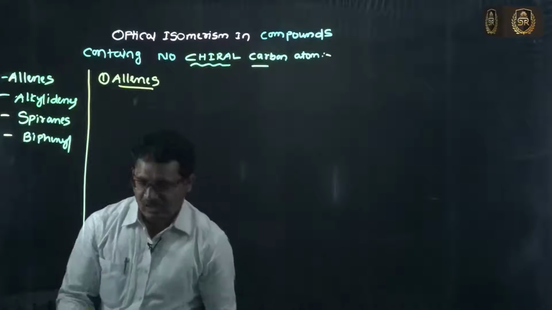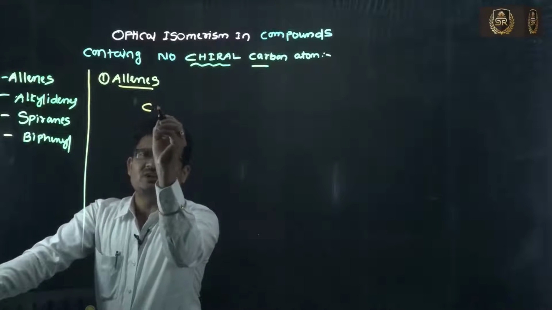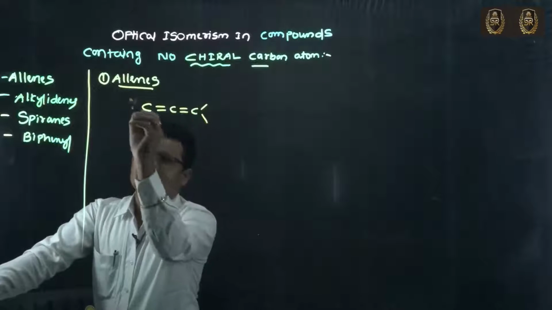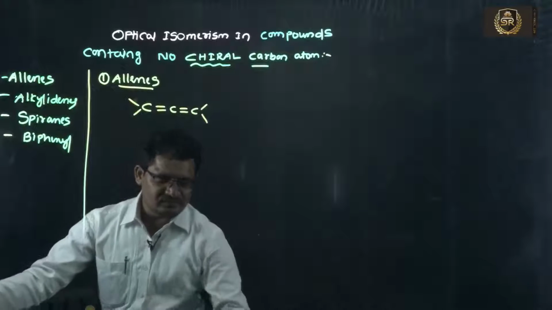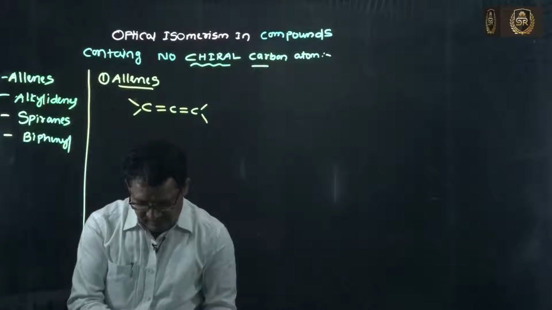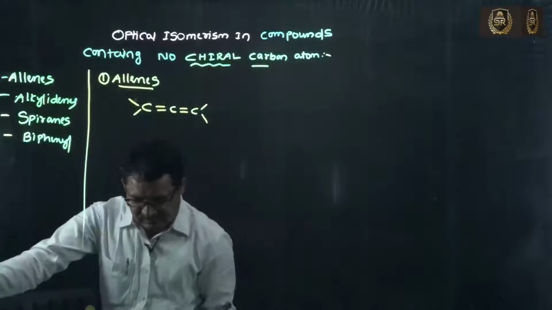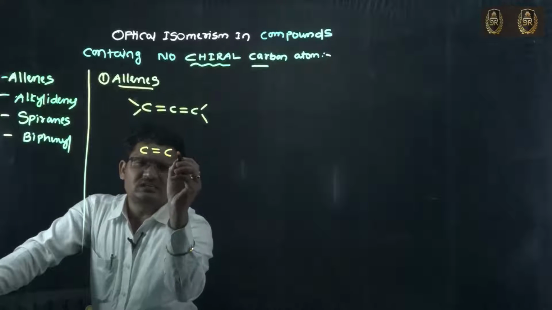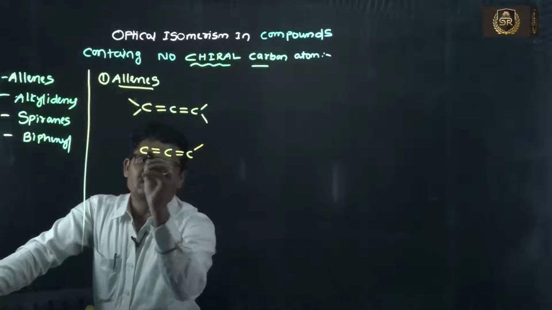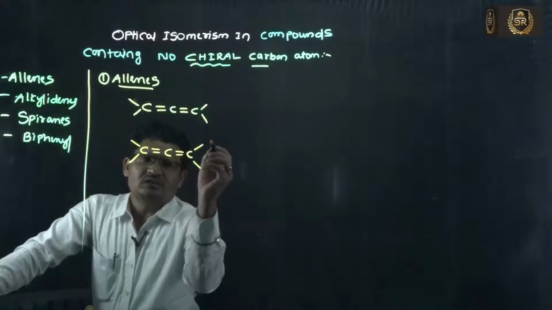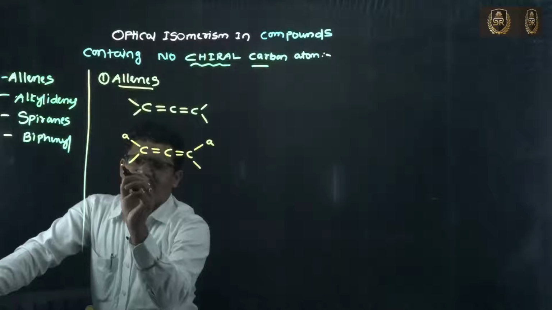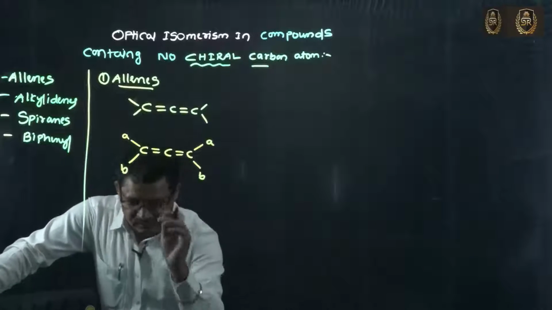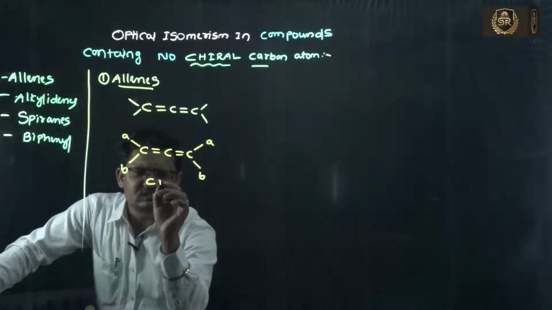This is the general formula of allene: C double bond C double bond C, carbons 1, 2, 3. On this side A, A, and on this side B, B. So this is the cis compound.